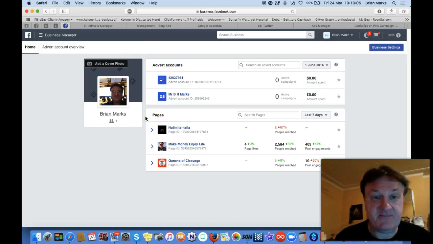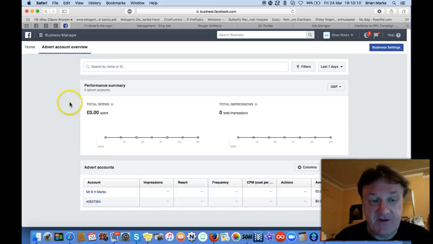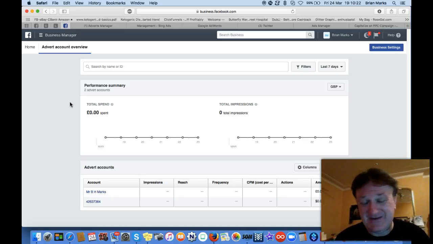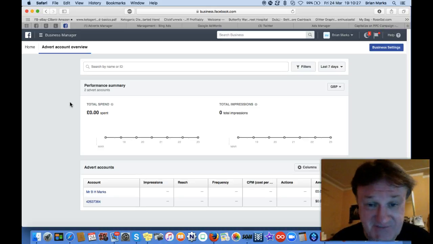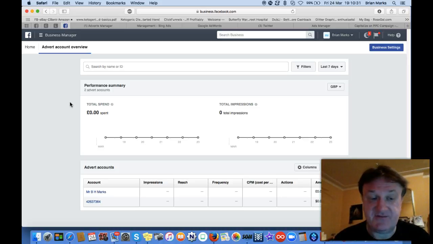So when you run an ad on Facebook, you can also run it on Instagram as well, so that's very useful. Now, Facebook pay-per-click advertising is very complex. There are so many options, but the thing is you can be very precise with your targeting. You can target people right down to what they wear, what they eat, what they do, where they go, where they live, what time of day. It's just phenomenal. In fact, it's actually very scary how much Facebook knows about each and every one of us, but it's a very good platform to use, but you really need to know what you're doing before you get into that.